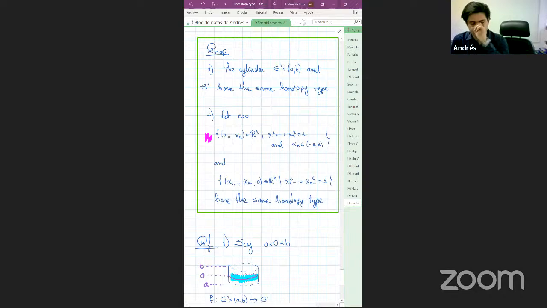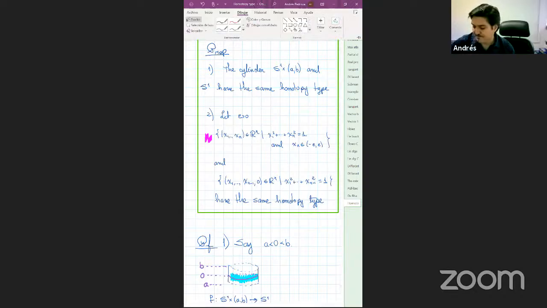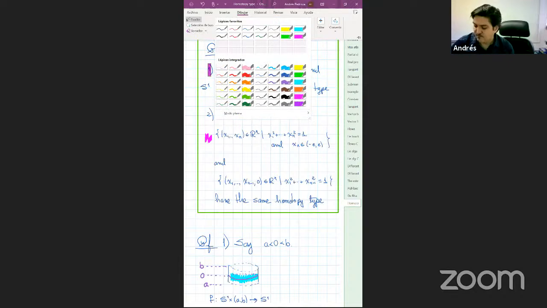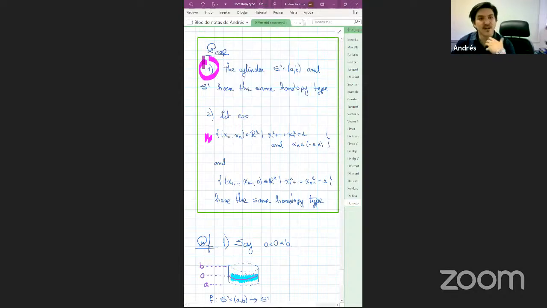Okay? So that's exactly what you do. And again, from part 1, you get new information because now you know the cohomology of the cylinder.